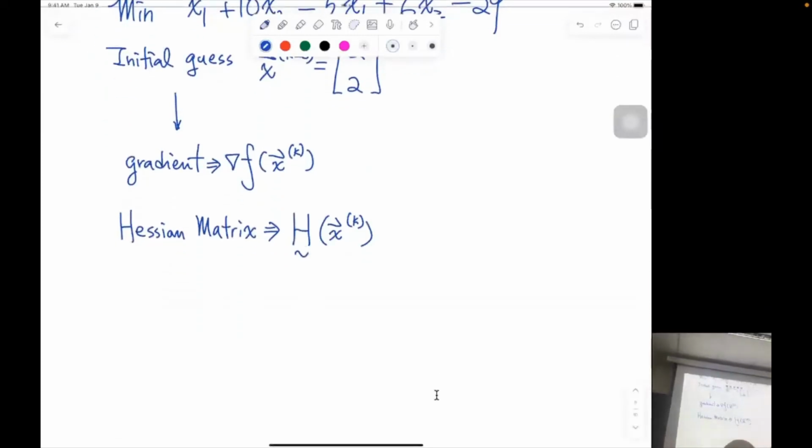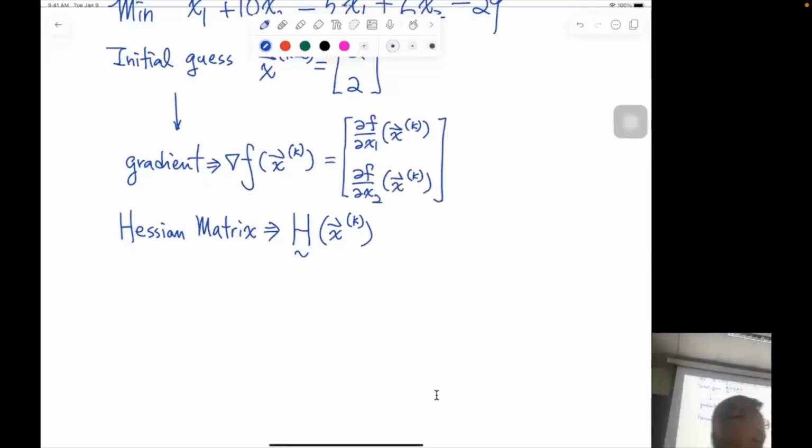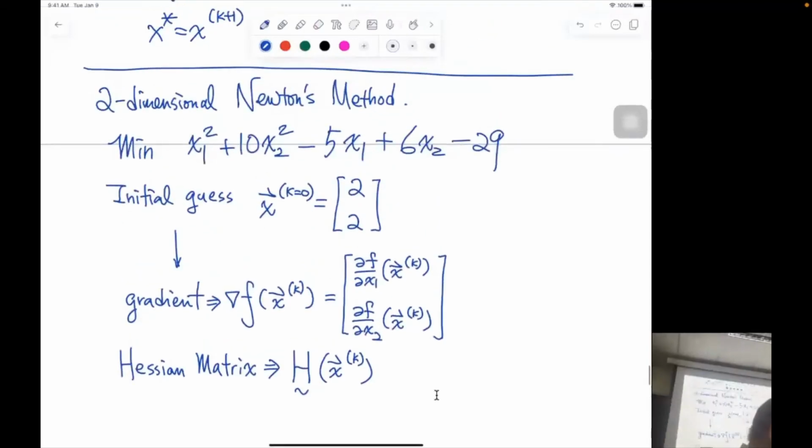So in the gradient, what you need to do actually is partial derivative. Partial f, partial x1, partial f, partial x2, and plug in whatever you have. Okay? Don't be scared by math. It's actually not very difficult. Let's try this in our objective function.